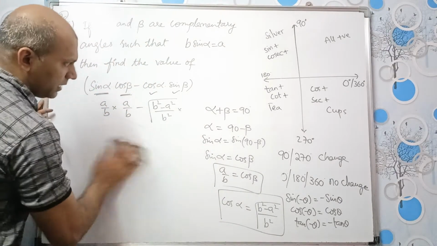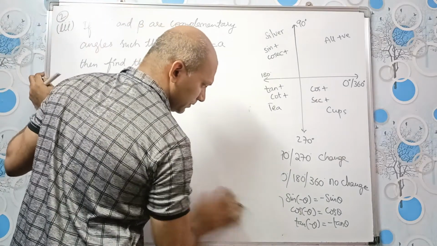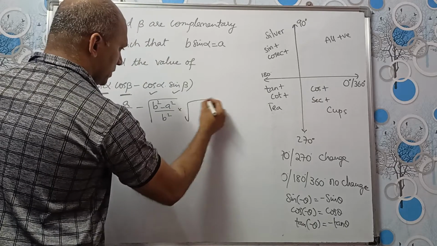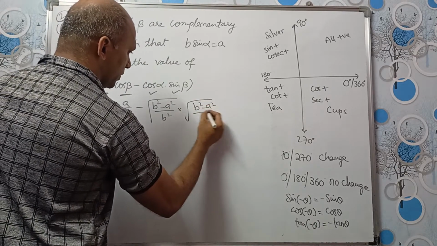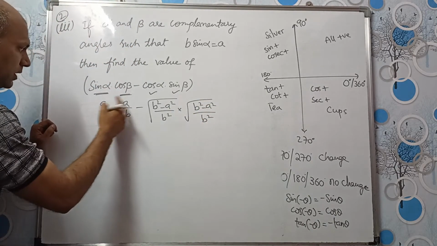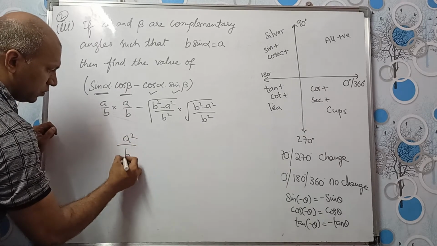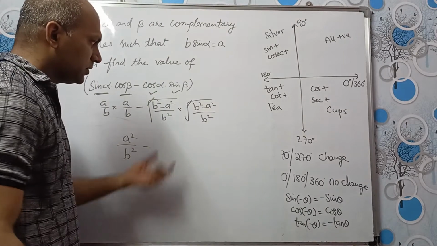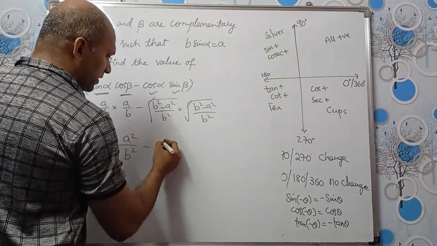Okay, let us write it. This is also the same, b square minus a square by b square inside the root. A into a is a square, b into b is b square, minus, see, this is twice, right? So we can write it once.